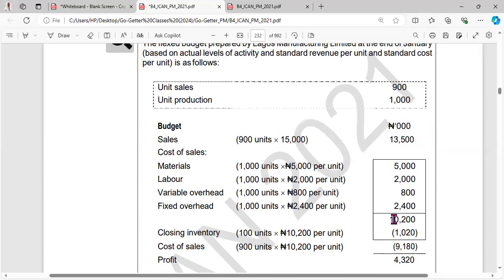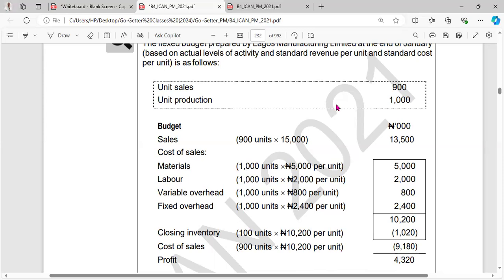And of course, you have 10,200,000. Your closing inventory is still going to be at standard cost, which is this. Now you have cost of sales and your profit is now going to 4,320,000. Now you see here, it was 4,800,000 when it was fixed budget. You have now flexed it.